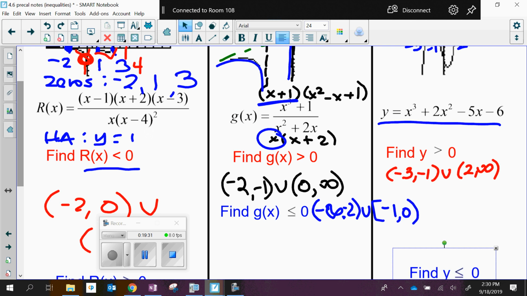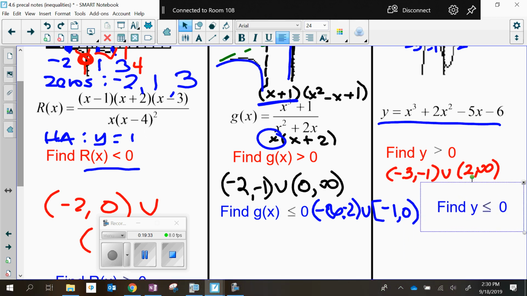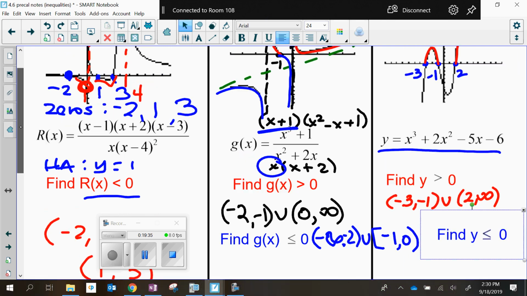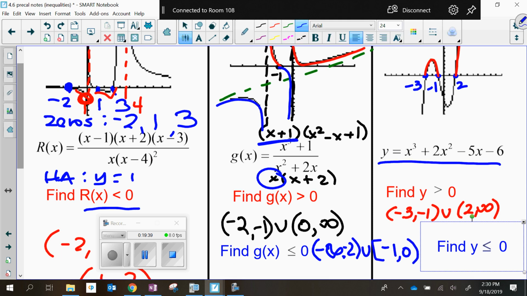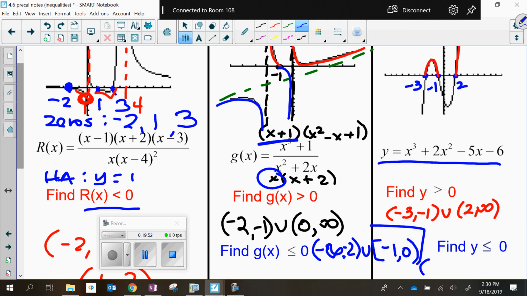Okay? And I have another one down there, I'm thinking less than or equal to 0. All right, what does that look like, Megan? So you have open parentheses, negative infinity, comma, and then you have close parentheses, -3.